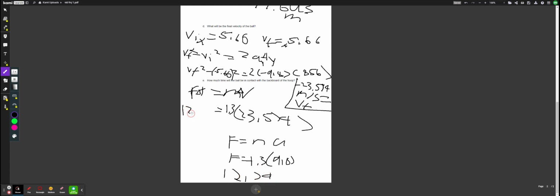So now that we know the force is equal to 12.74, all we have left is time. And so now we can just solve. So 1.3 times 23.574 is equal to 30.647.